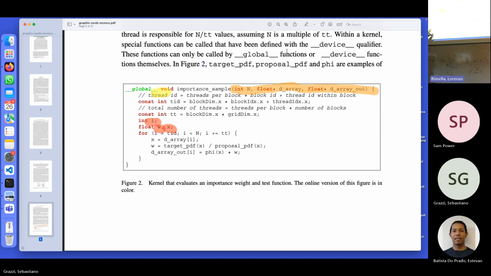Essentially we have a for loop which goes through some indexes, and the indexes are unique for each thread. At the beginning, we infer which indexes we want to go through. Then we just take the input random variable, compute the weight, and spit out this product, this element in the sum.